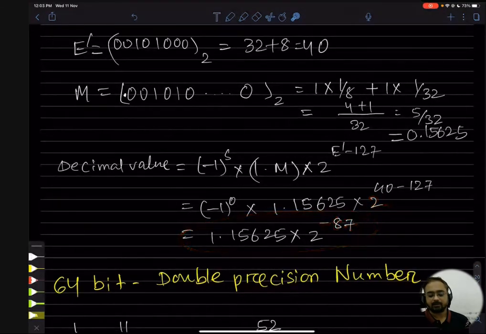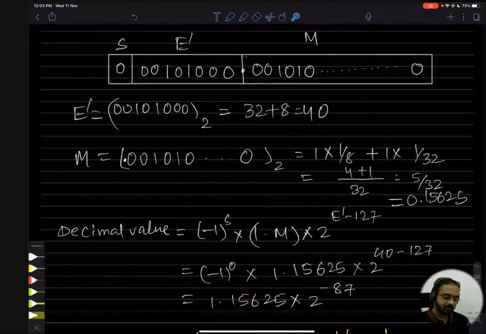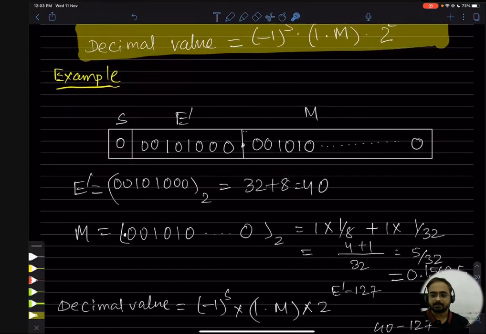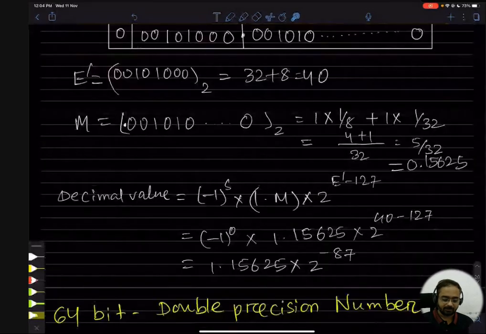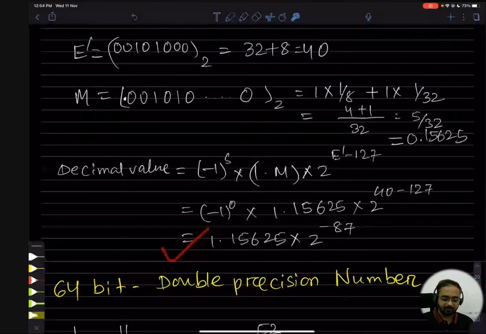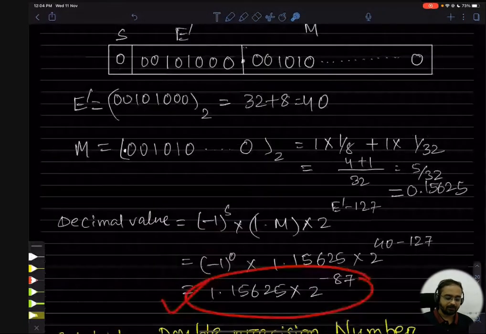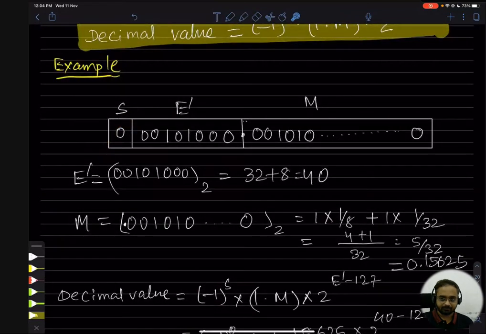This is the decimal number that we are representing in our IEEE format floating point representation. Very simple. Either a binary number will be given and you have to find the decimal, or a decimal number will be given and you have to find the binary of that decimal number.